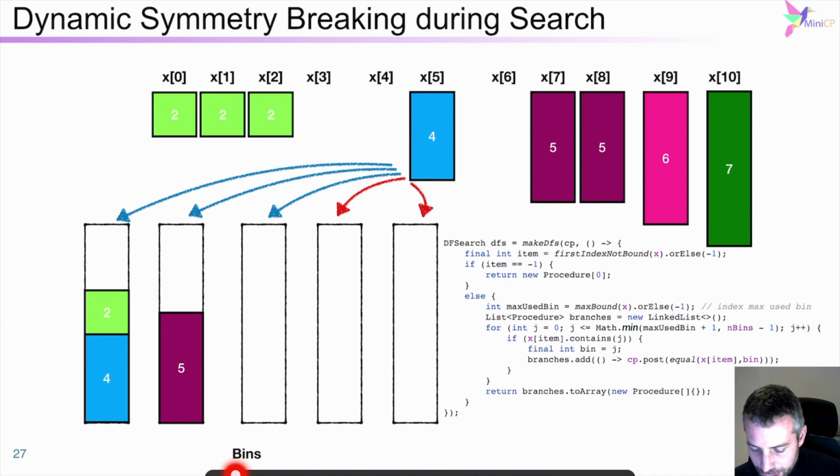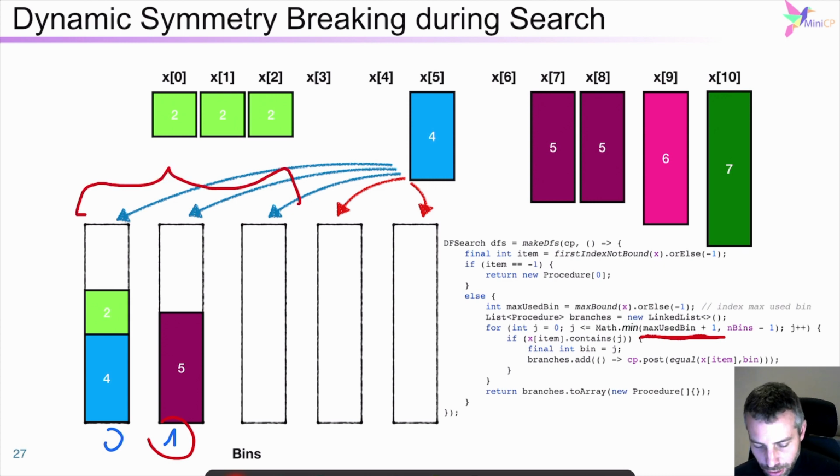To do that, I will compute here the maximum bin that is used so far. In that case, if that's the bin 0, 1, the maximum bin here is the bin number 1. And what I will do here is create a number of branches maximum up to the maximum bin plus 1. So I will only consider these branches.